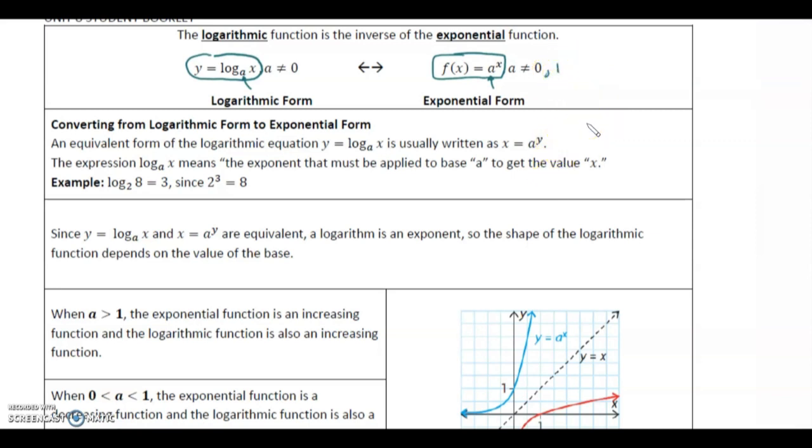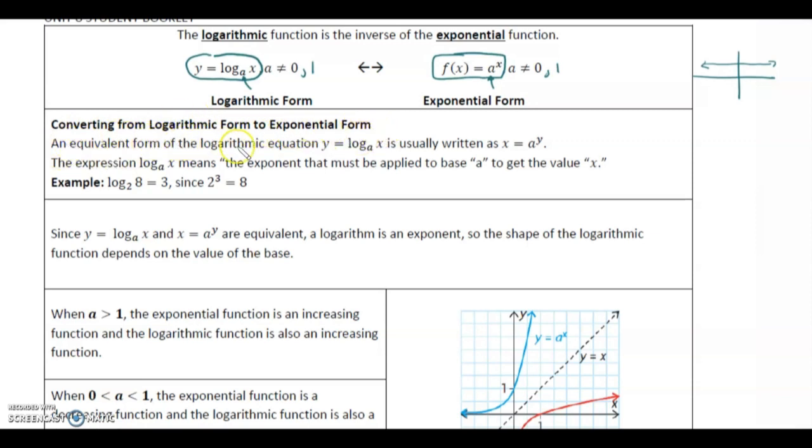Okay, because if we have 1 times 1 times 1, x number of times, it is actually going to be a horizontal line at 1. It doesn't turn out to be exponential. Okay, we also can't have a base of 1 because of this reason. Okay, so converting from logarithmic form to exponential form.